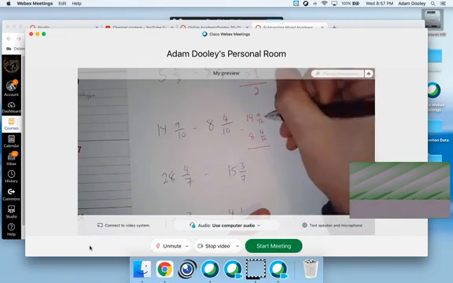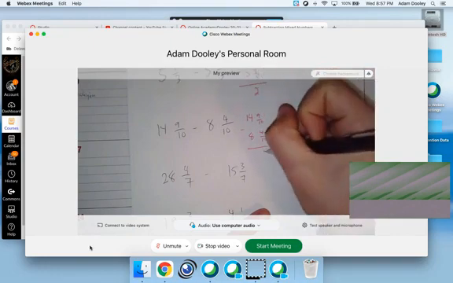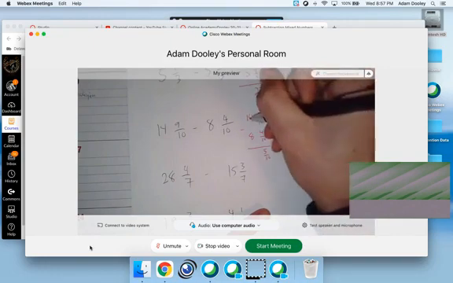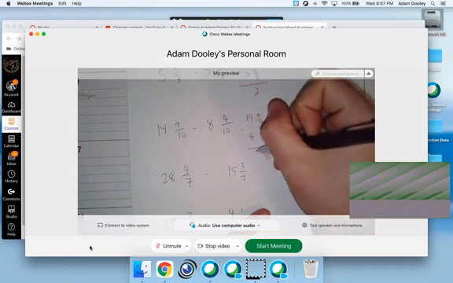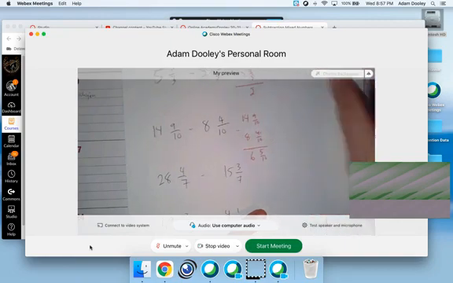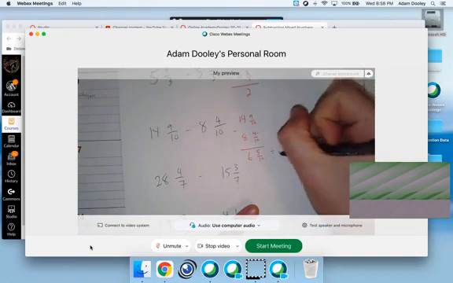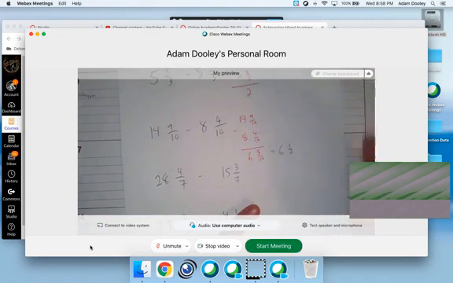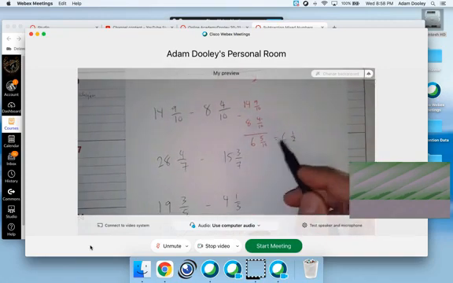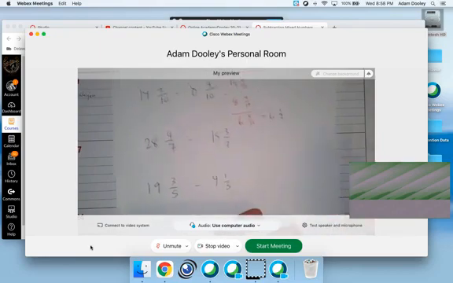We're subtracting these, so 9 minus 4 is 5/10 still, and 14 minus 7, I believe, is 6. So that makes it actually going to be 6 1/2 because we're reducing the fraction.